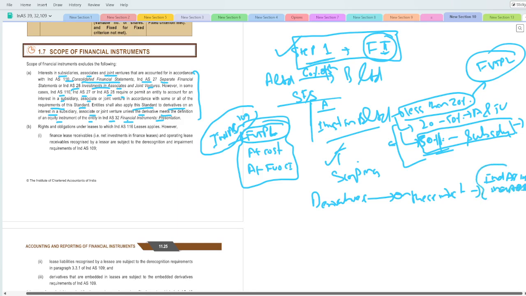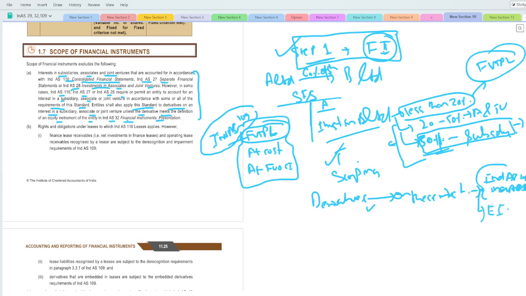And otherwise, if the condition of the equity instrument is satisfied for this derivative, then it will be an equity instrument.